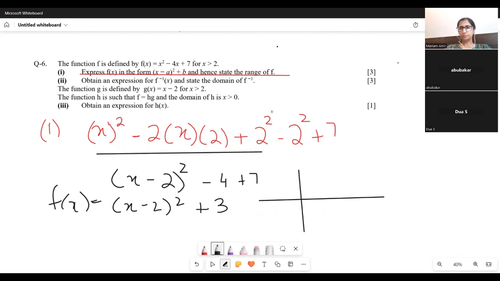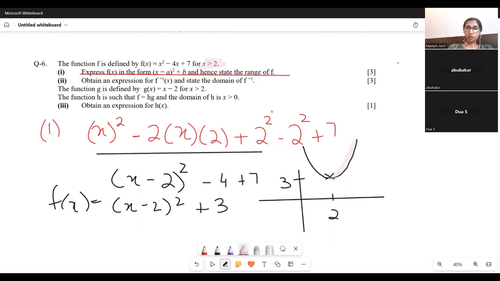If you plot this, the turning point is (2, 3). It's going to be a U-shaped graph because it's plus x square. And the range starts from x greater than 2.